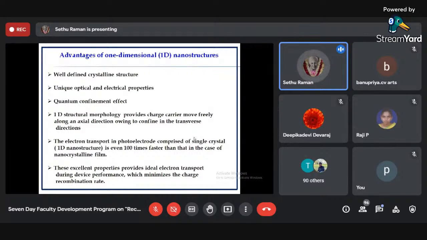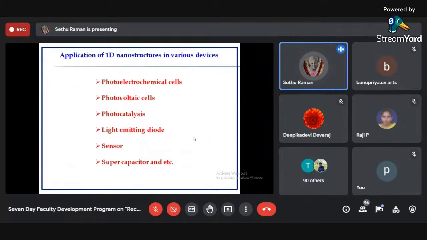So that's why I am always keen to see one-dimensional nanostructures in DSSC as well as quantum dot sensitized solar cells.